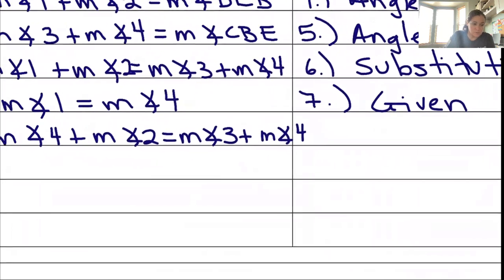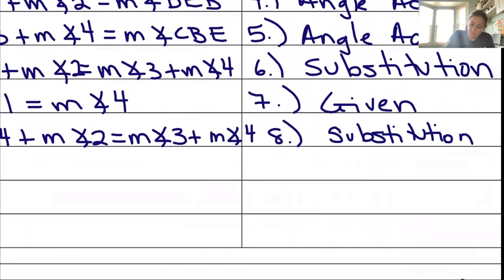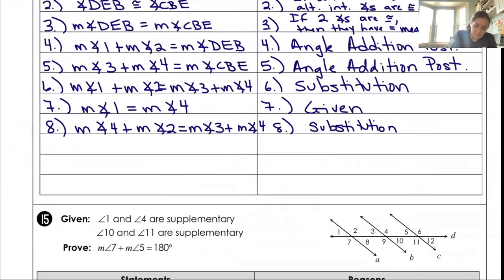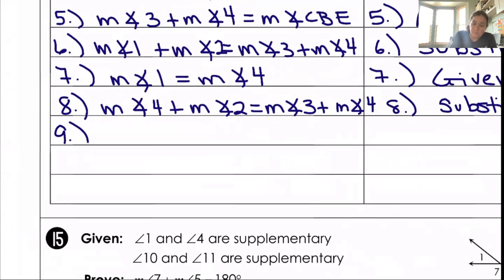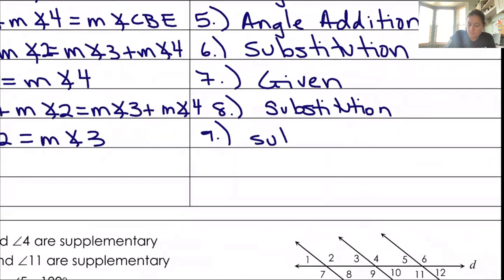And that's also substitution. Number 9, we can use subtraction to subtract out those measurements of angle 4. So you have the measure of angle 2 is equal to the measure of angle 3. So that's your subtraction property.